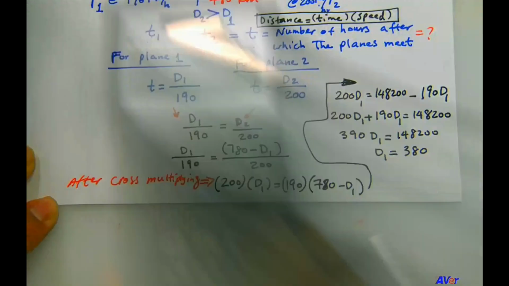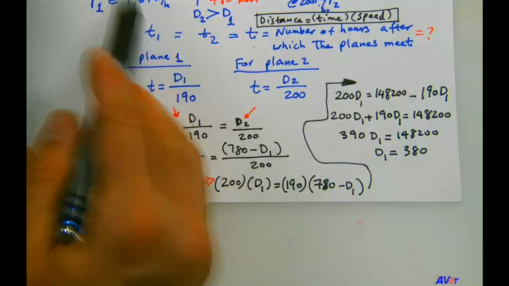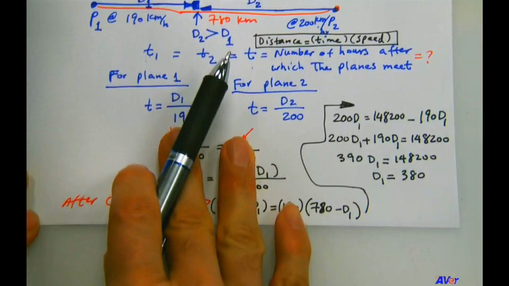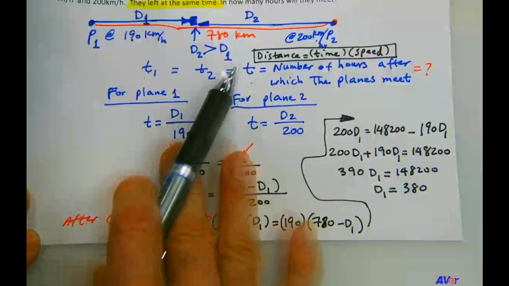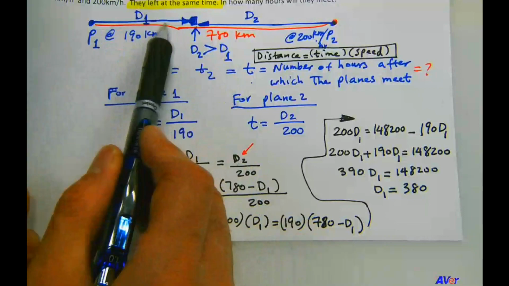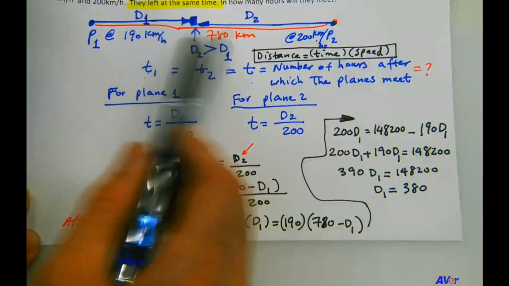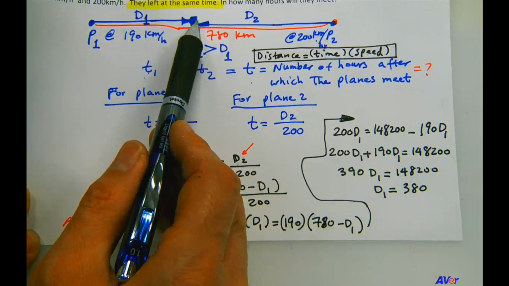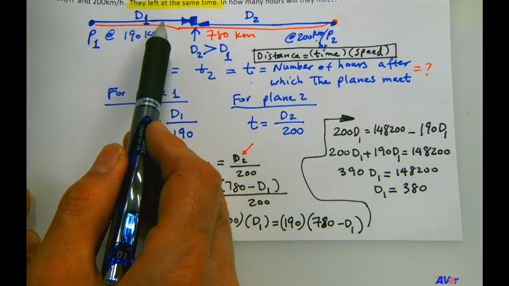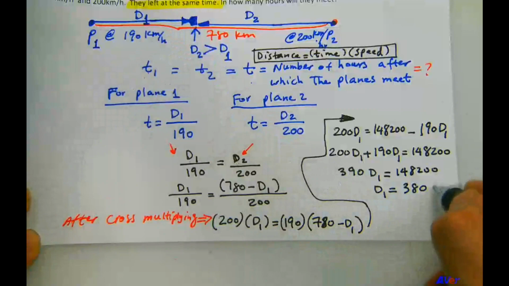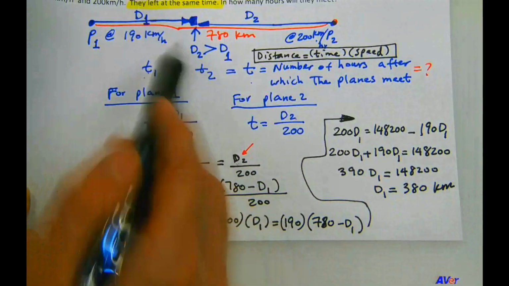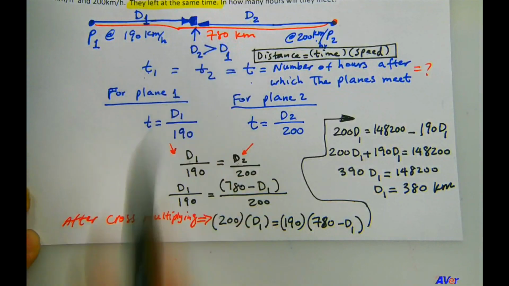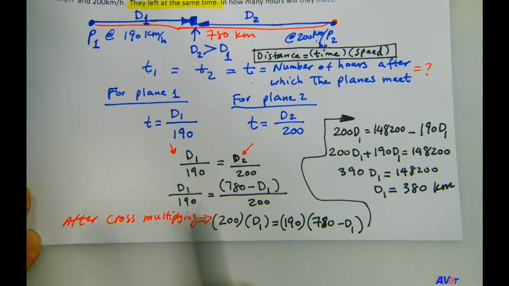So that means this D1, let me move this down. D1 is 380 kilometers by the time these two planes meet. Plane 1 has traveled 380 kilometers. But is that what we want? No. We want how many hours the planes must have been in the air when they met.